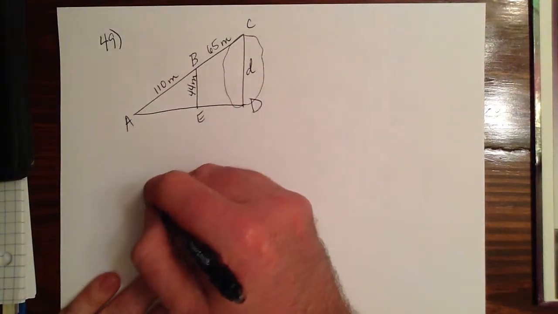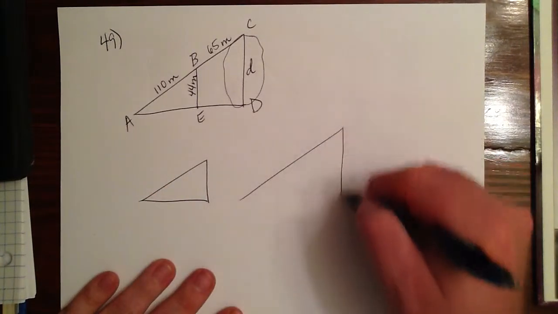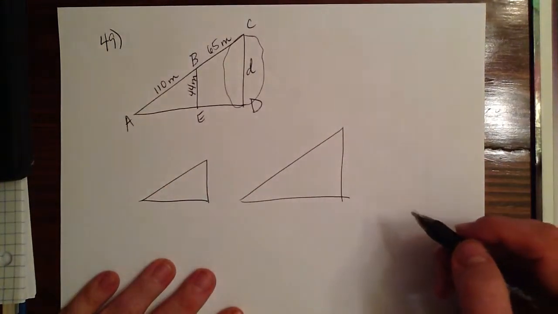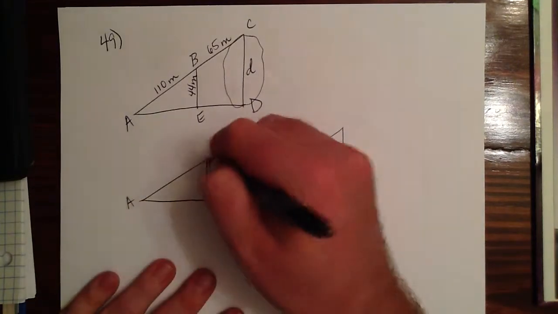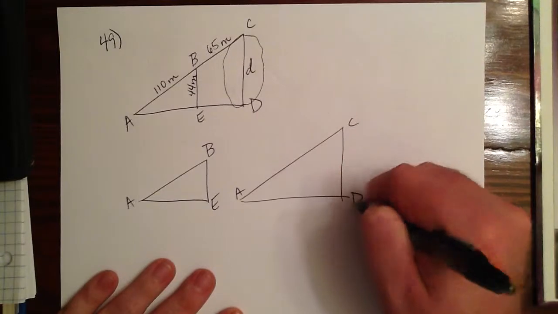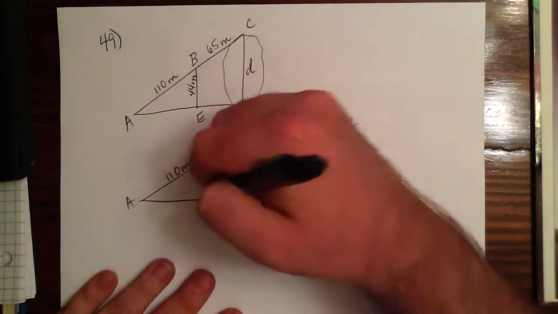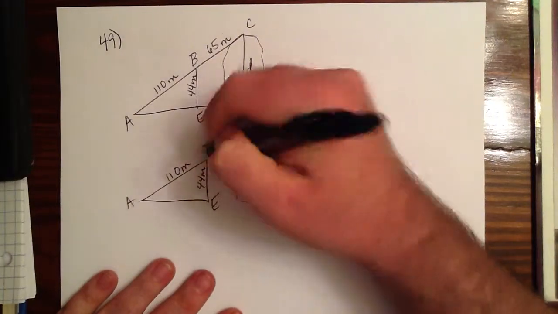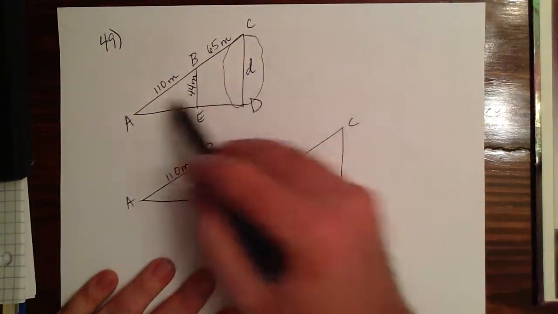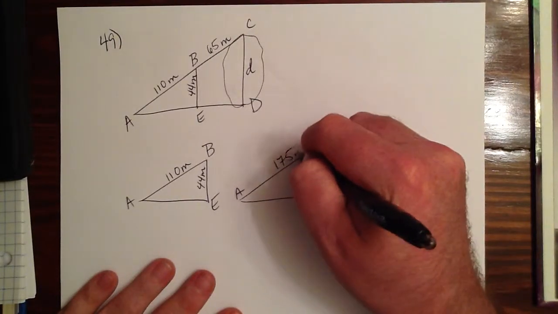Okay? Well, if you set up the small triangle and the large triangle, and let's label those. So this is A, B, E, and this is A, C, D. That side's 110. This side's 44. This side would be 110 and 65, which is 175.